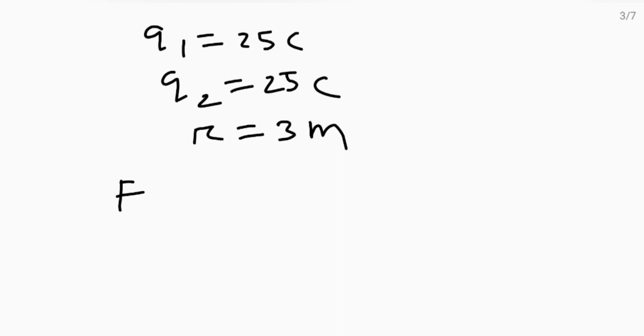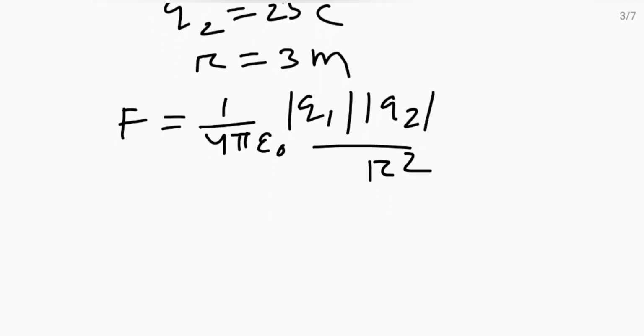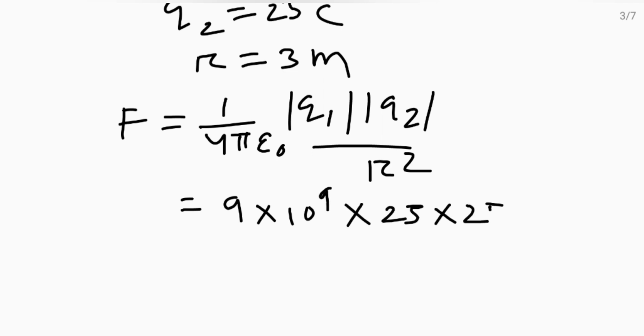We know the formula, 1 by 4 pi epsilon 0 times modulus Q1 times modulus Q2 by R square, and we know the value of 1 by 4 pi epsilon 0 is 9 into 10 to the power 9. Q1 is 25, Q2 is also 25, and R is 3 whole square. So 3 whole square is 9.